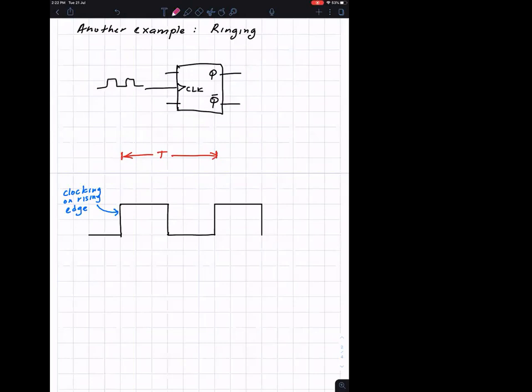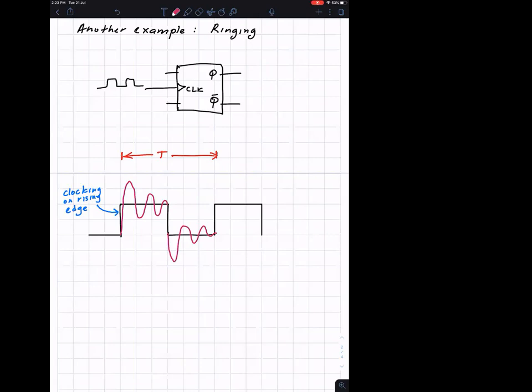Okay, a nice clock pulse is coming in. And then it is being disturbed due to transmission line effect. You're going to get ringing. Maybe I'm not drawing this very well.